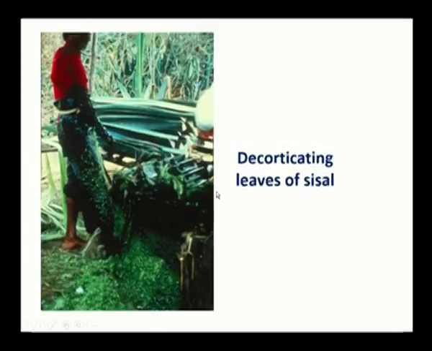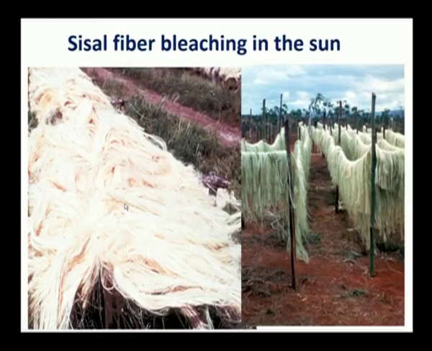So, this is the way of decorticating leaves of sisal using a machine, and this is how they get the sisal fiber, which is dried over sunlight, and this is the fiber they are getting finally.